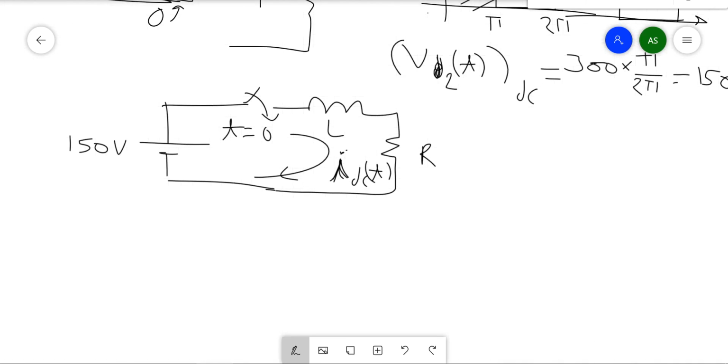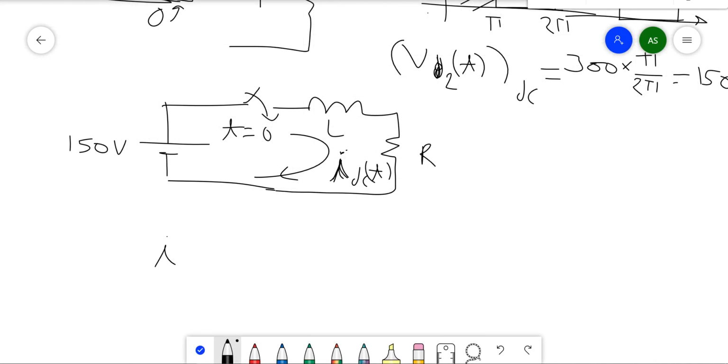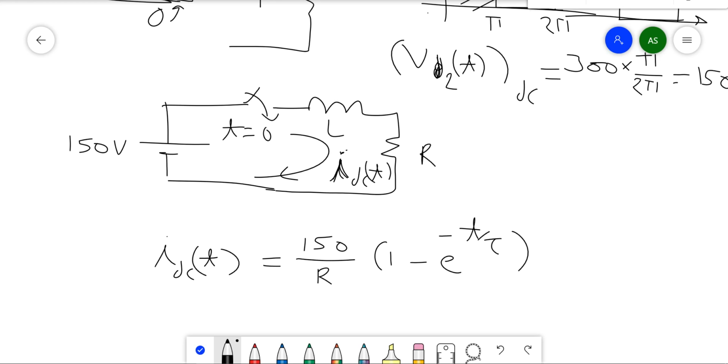So this IDC(t) will be 150 divided by R times 1 minus e to the power minus t by tau. So R is 100, so this is like 3 by 2 times 1 minus e to the power minus t by 3 millisecond. Okay, because tau is 3 millisecond. So this is how the DC component of the current is behaving.